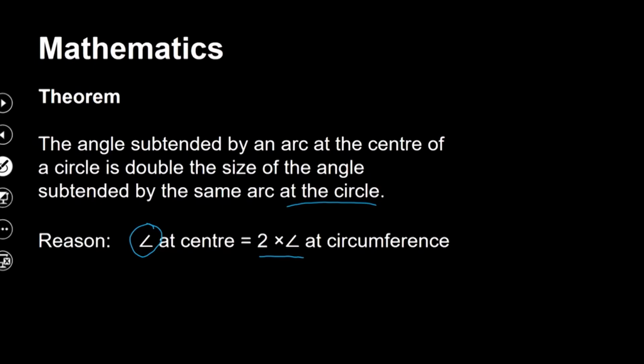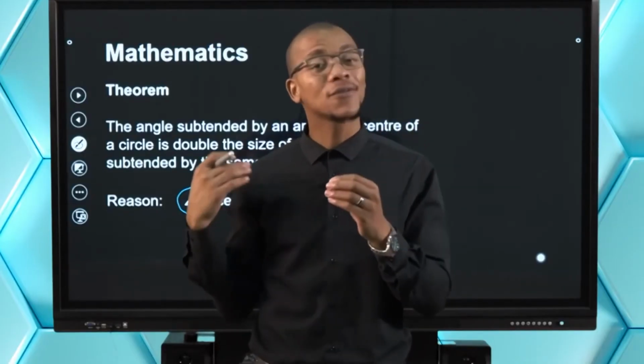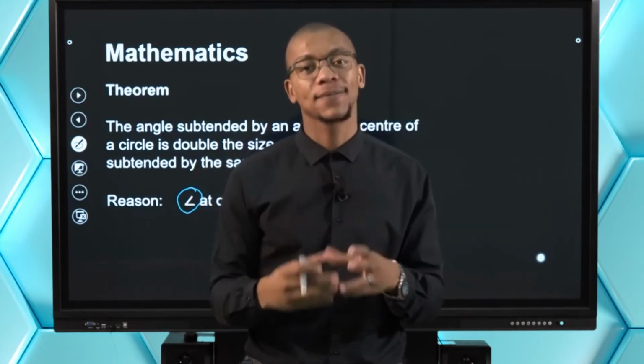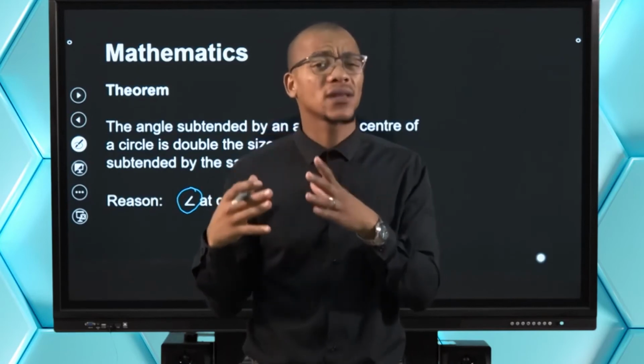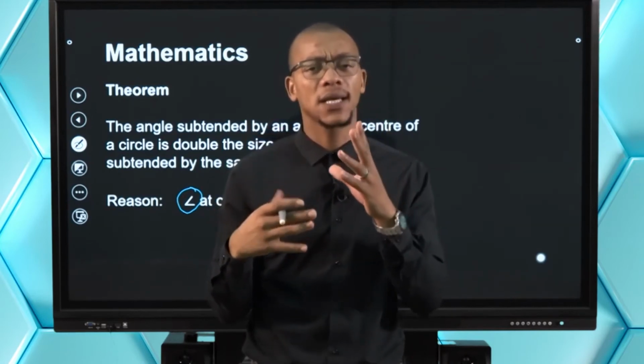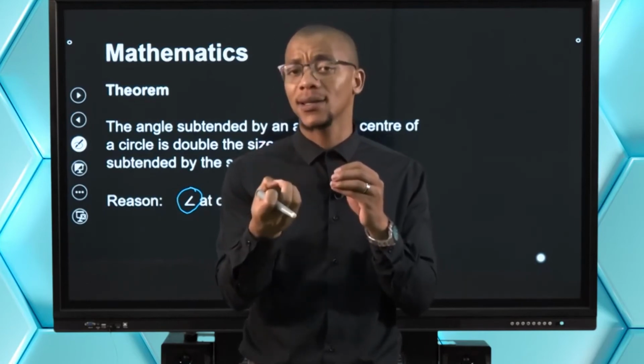Also, the purpose of me putting the reason there is that whenever you use this theorem, you don't prove the theorem. Remember with the first lesson we had, we said because the theorem is already there, you don't prove it again.